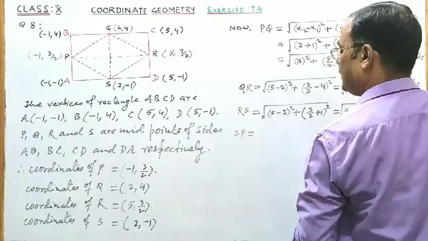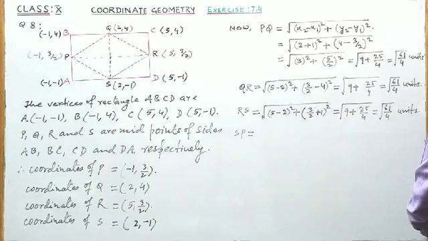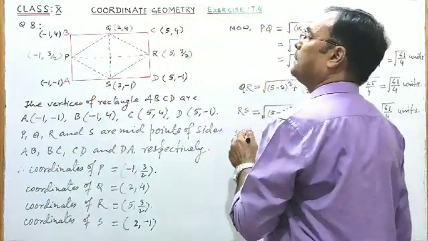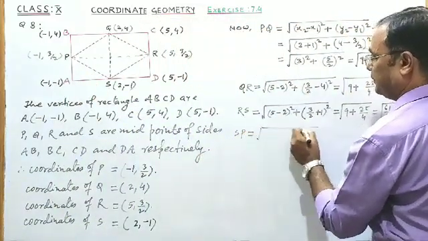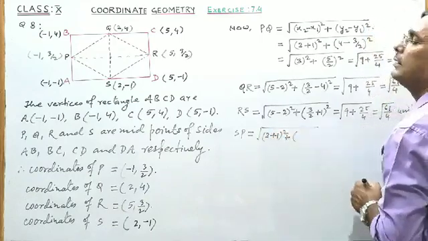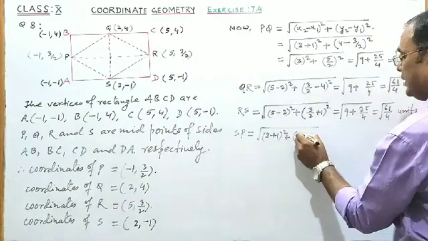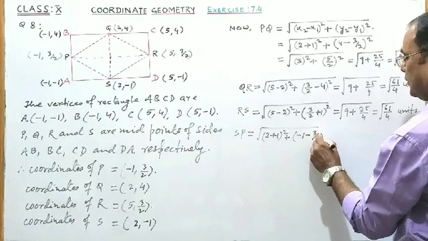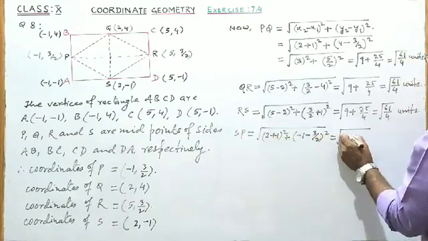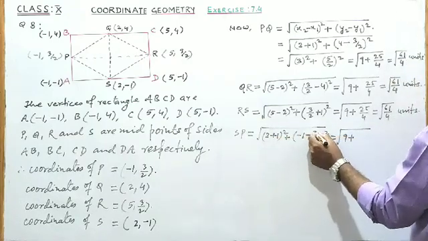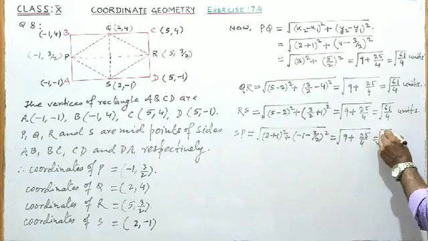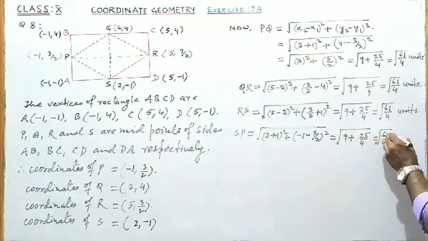SP is equal to the square root of (2 plus 1) whole square plus (minus 1 minus 3 by 2) whole square, equal to 9 plus (minus 5 by 2) whole square, 25 by 4, which is again under root 61 by 4 units.